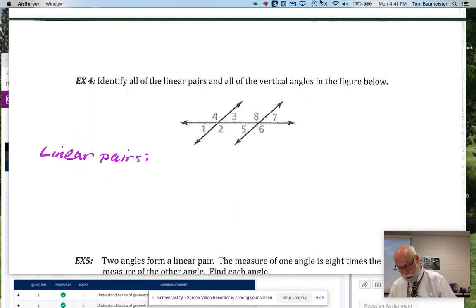So if we look at it here, would you agree we have 1 and 2? Those are next to each other. And how about 3 and 4? So in the same format that we're going, angle 5 and 6.